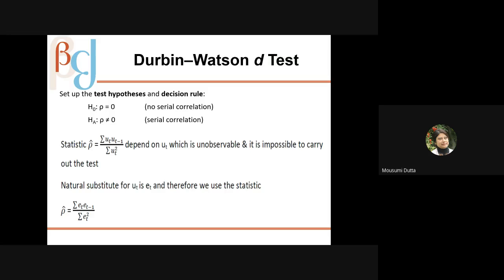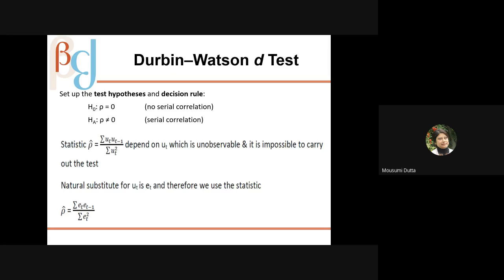Therefore, they keep ut square, and they say that since the first order autoregressive process is equivalent to an infinite MA series, with t tending towards infinity, it doesn't matter whether we consider t or t minus 1.